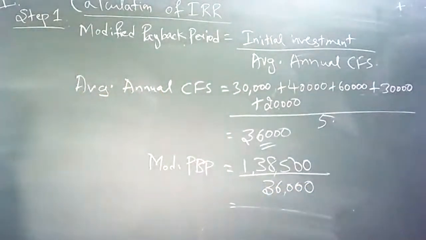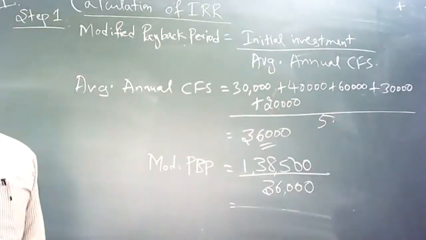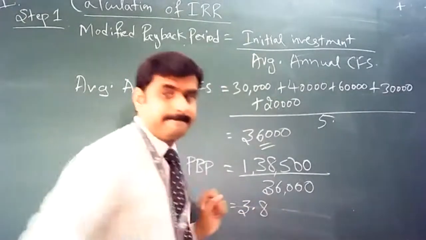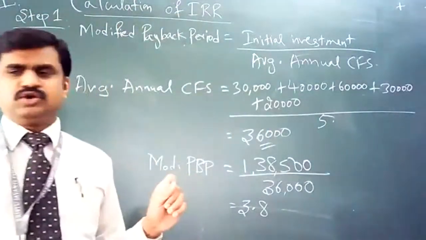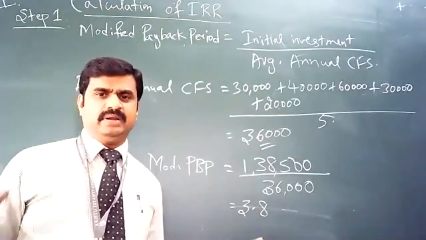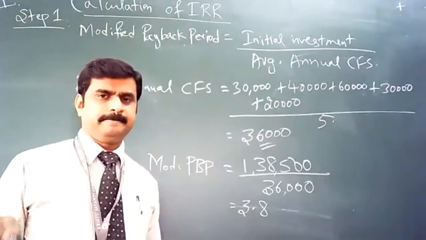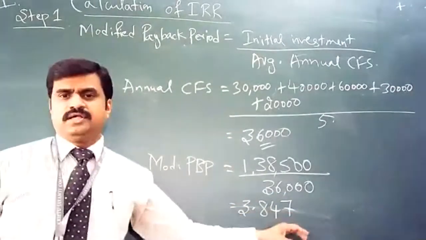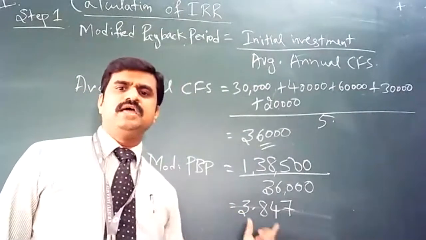Please divide that, students, and tell me how much you get. 3.847. Don't round up, because we have to check this number in the PV table. So please don't round up, because this is very important to search in the PV table.